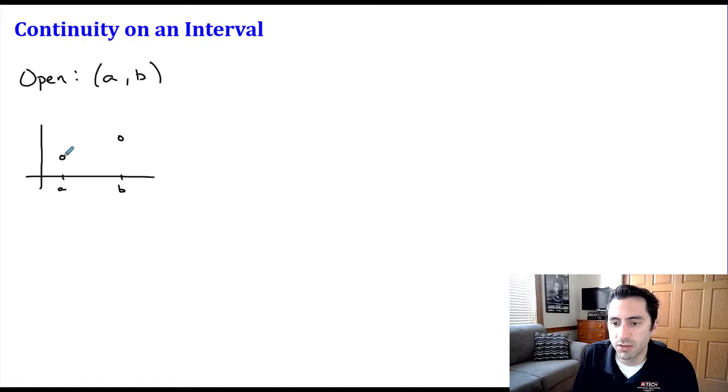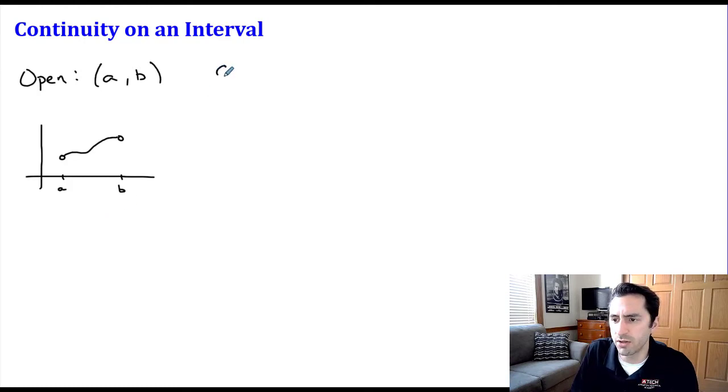So our function is getting up right next to these two values, but not quite getting there. And in between, our function can do whatever it needs to do. So for a function to be continuous on the open interval, it needs to be continuous for everything in between A and B, but not A and B.